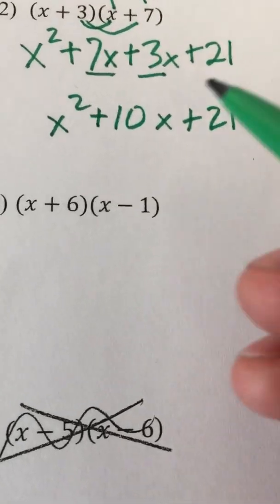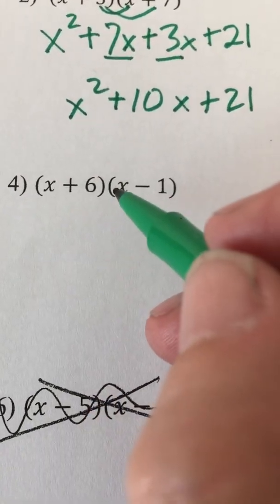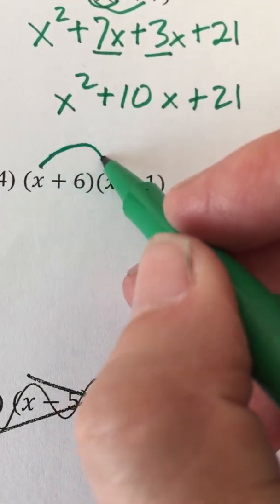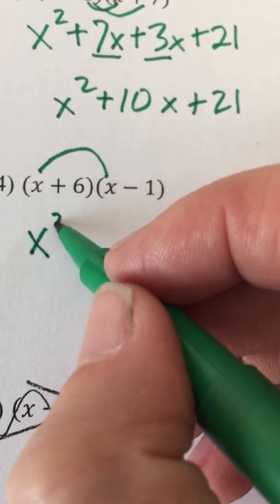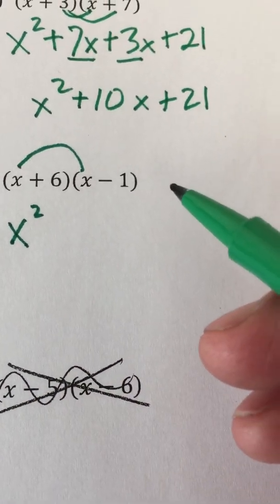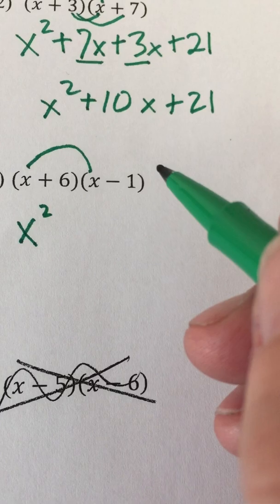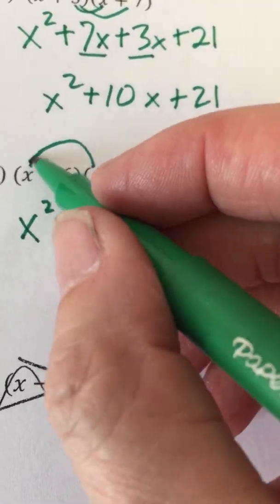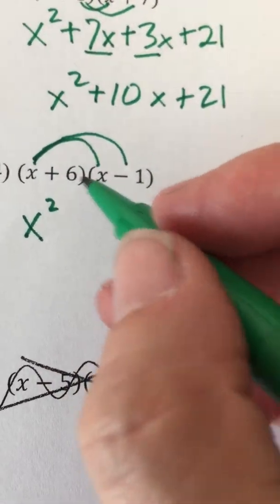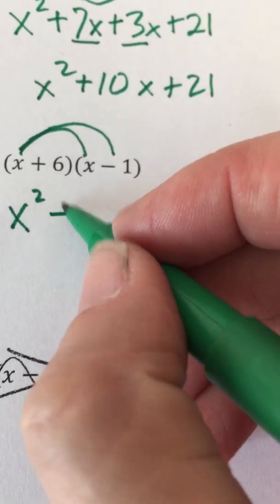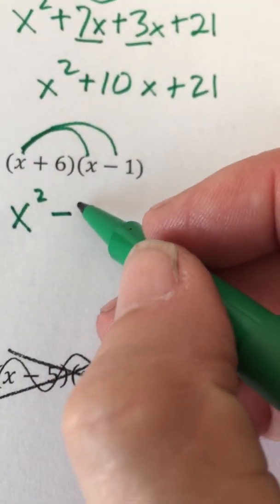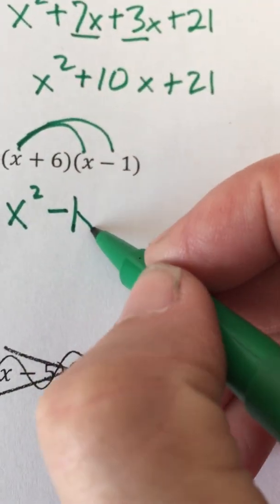And we have one more over here. Binomial times binomial, it is multiplication, so I'm going to do a double distribution, x times x, x squared. And if you have not done any of these on your own, pause this video and go try this one on your own. X squared, and then multiply x times negative 1. Positive times negative is negative, and you can do 1 times negative 1, and it will tell you negative 1. And I have an x with it.